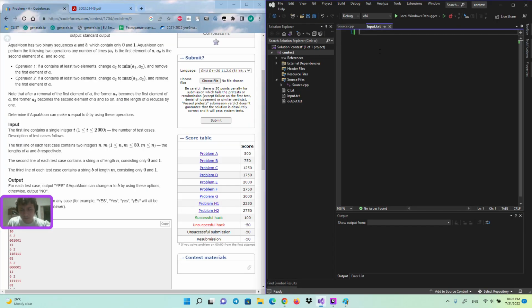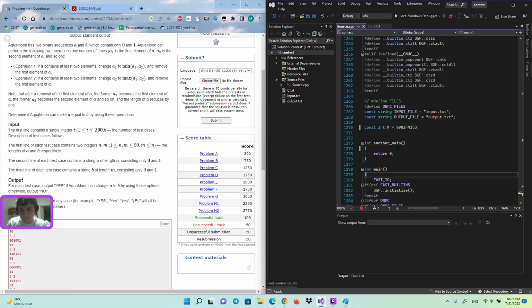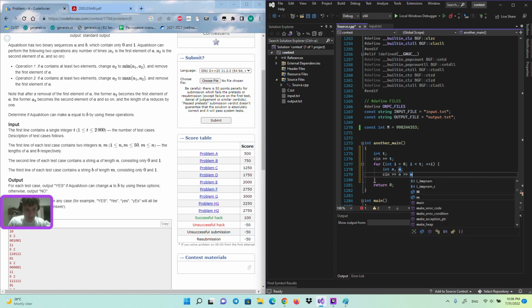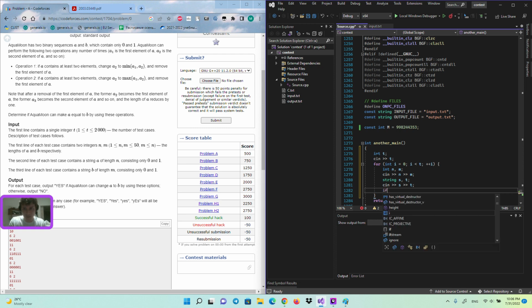Sorry, I cannot explain because I write faster than I think. We scan N and M, scan S and T. After that, what do we do? We check if T dot size is greater than S dot size.